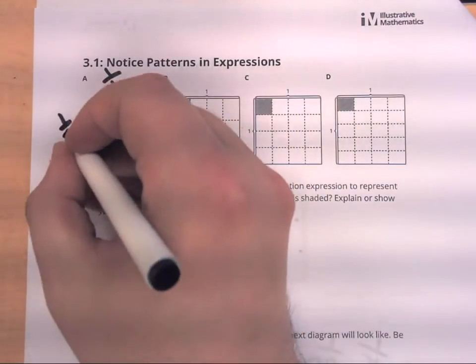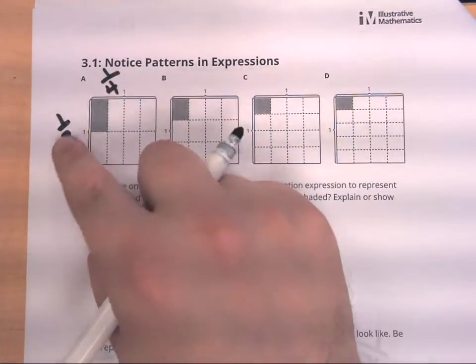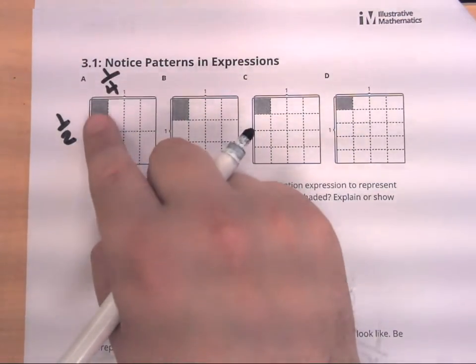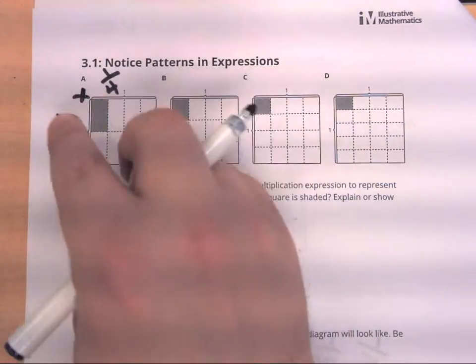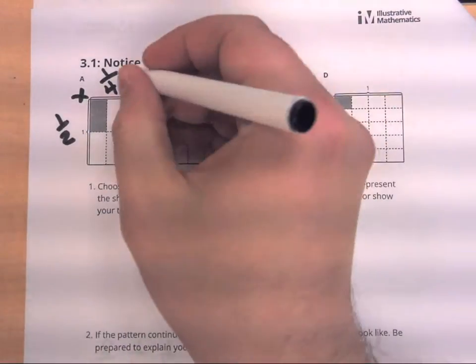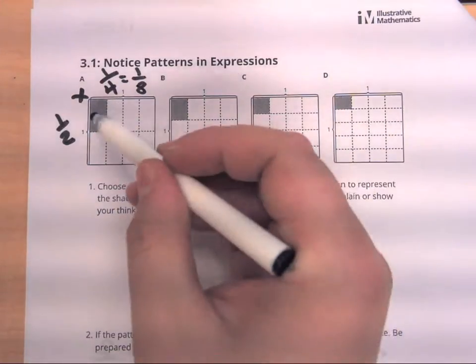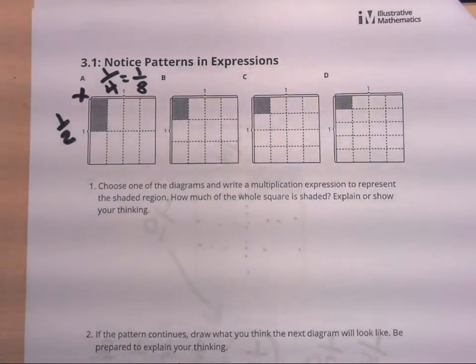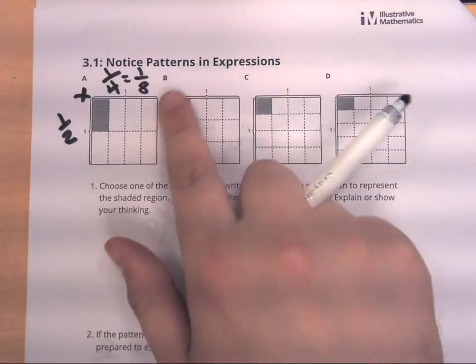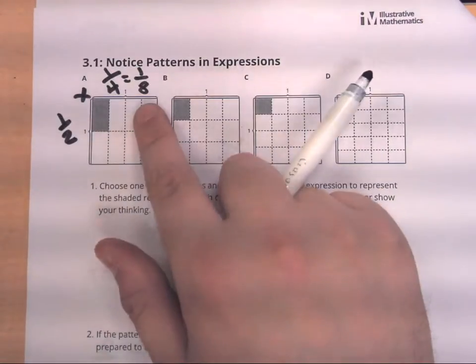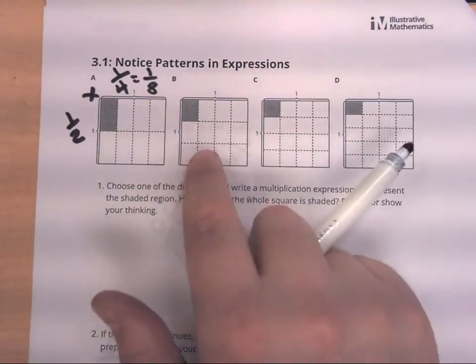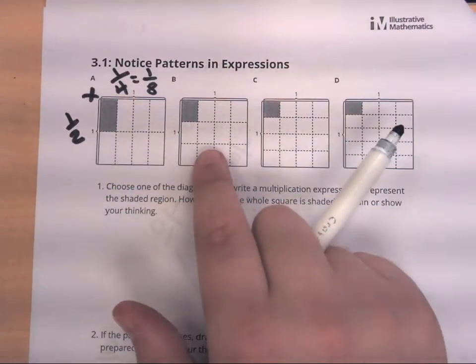So we have half of a fourth represented right here. And so students multiplied 1/2 by 1/4 to get the product of 1/8, which is the area of this shaded region right here. So this number sentence is the multiplication expression that the activity was prompting them to determine.